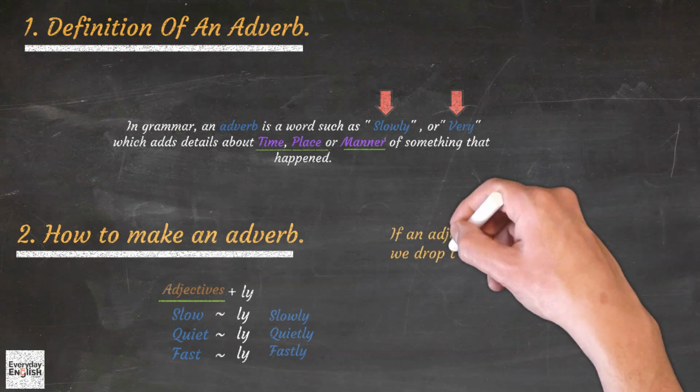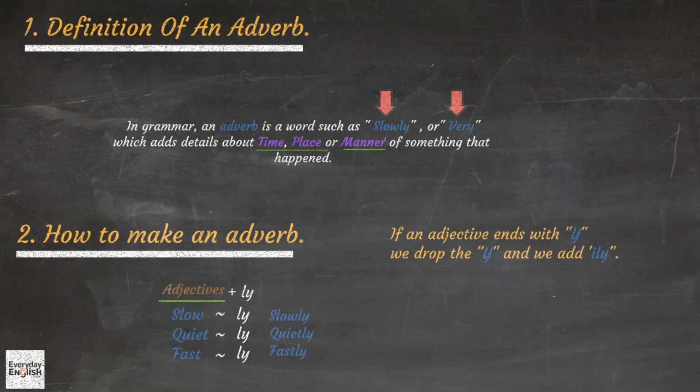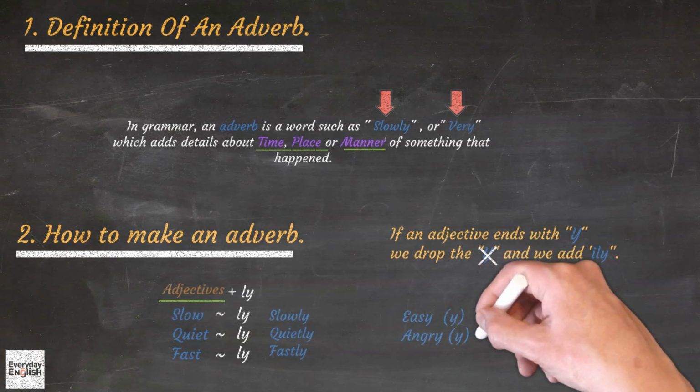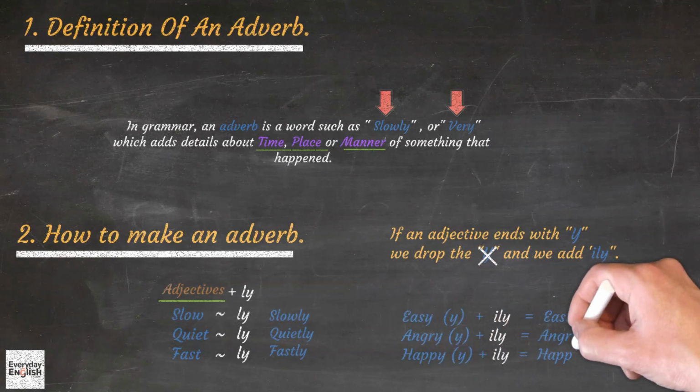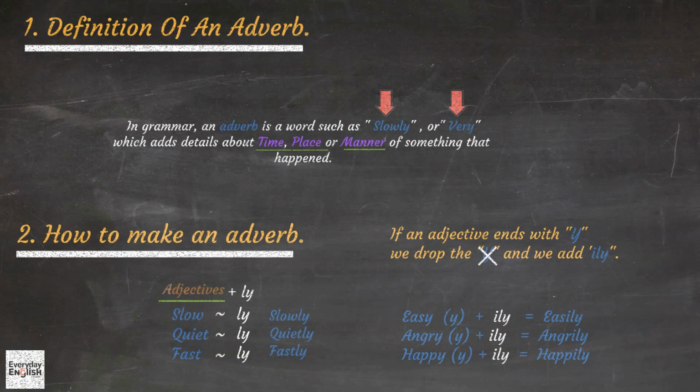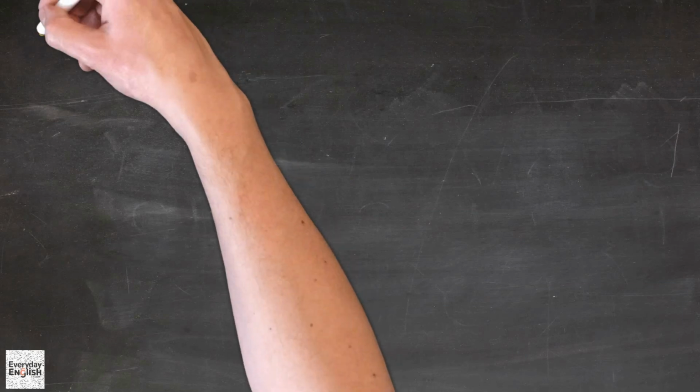If an adjective ends with y, we drop the y and we add ily. For example, easy, easily, angry, angrily, happy, happily. Examples.